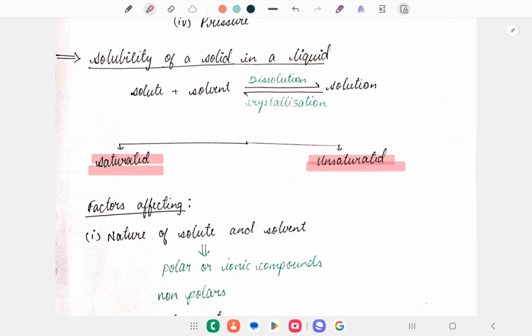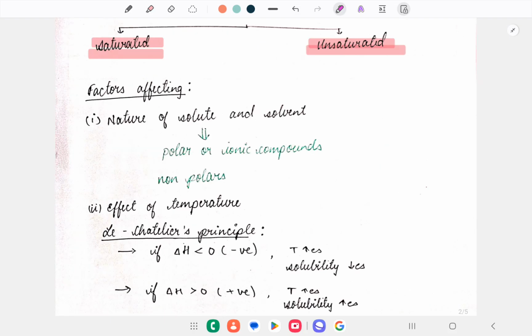Now let us talk about the factors affecting the solubility of a solid in a liquid. The first factor is the nature of the solute, which is the solid part, and the solvent, which is the liquid part.